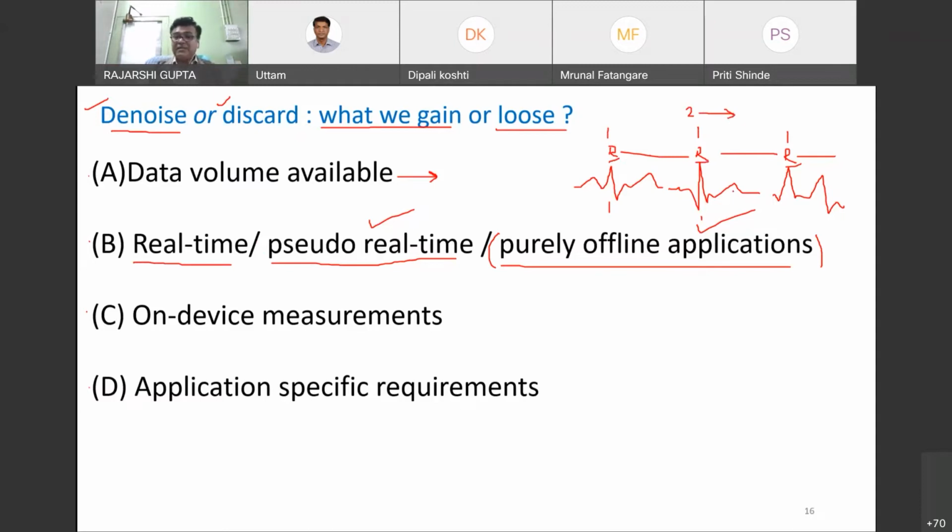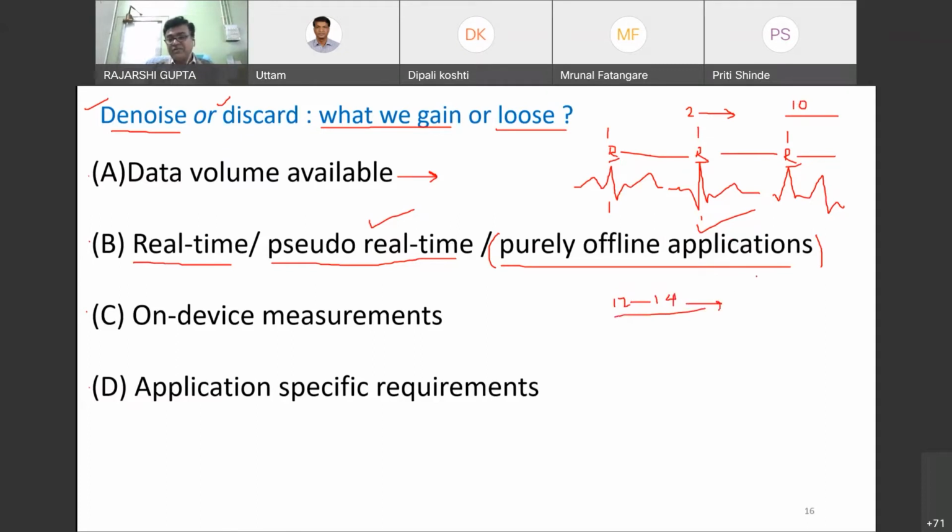And pseudo real-time measurement is, if the requirement from the system is that after every 10 seconds you provide the heart rate, then you can go for 12 to 13 R peak measurements and make an averaged HR.